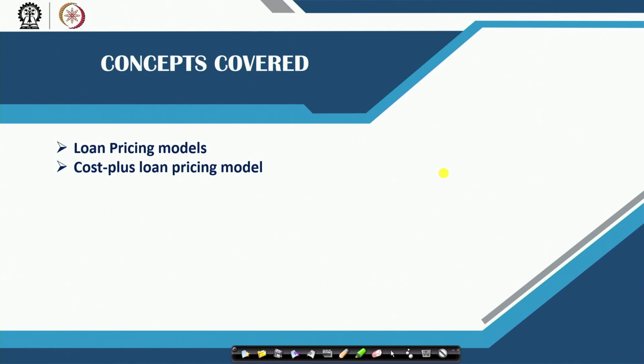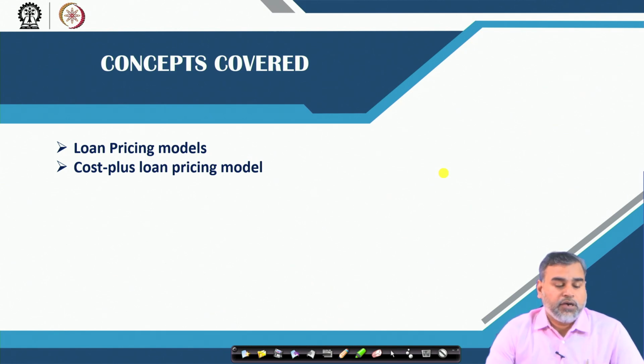There are many models, such as the price leadership model, but the most prominent model is the cost plus loan pricing model. There are other models also, but the basic fundamental concept comes from the cost plus loan pricing model. So, mostly we will be discussing the different types of loan pricing models to price the loans of the commercial banks.